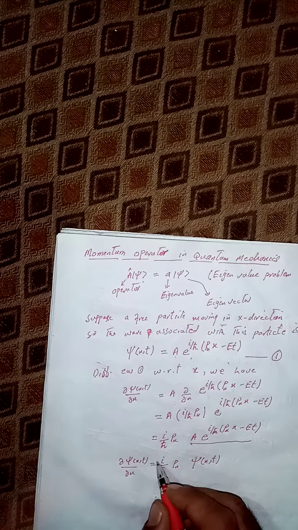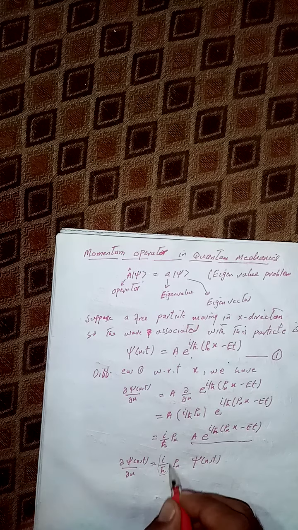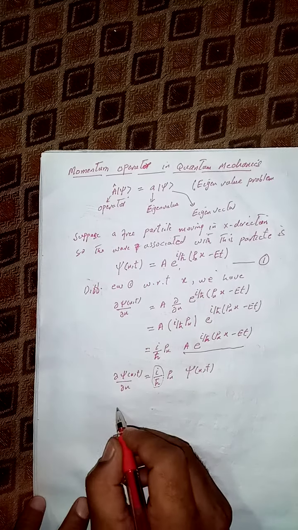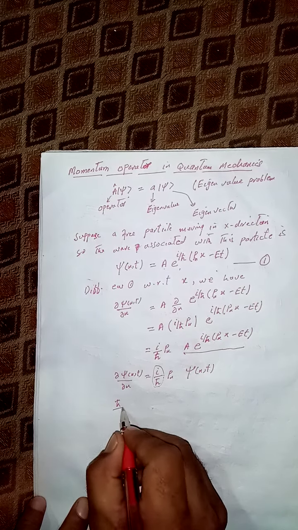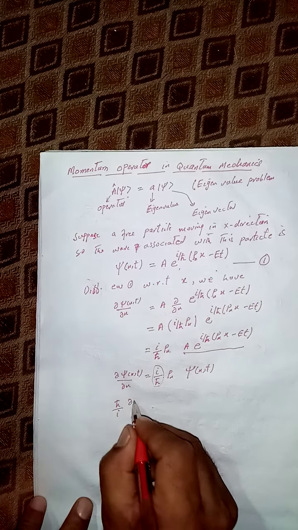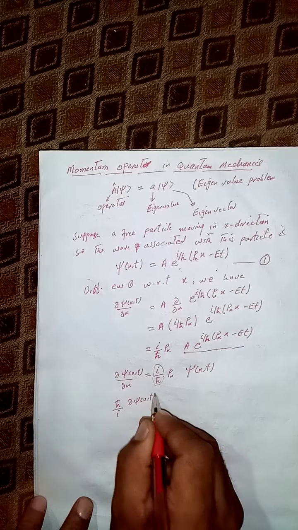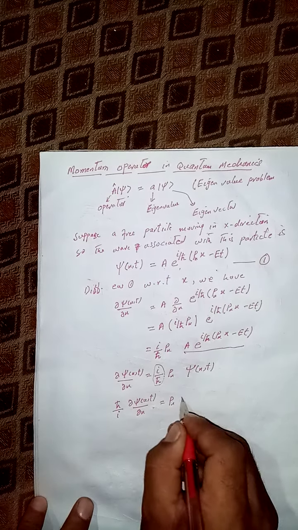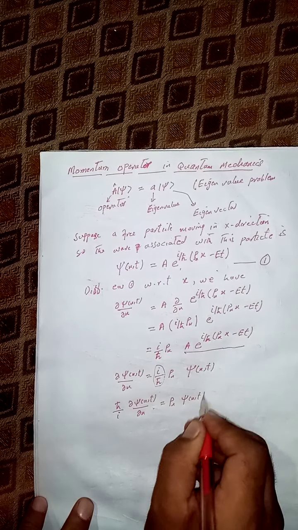Now bringing this factor to the left hand side, we have h bar over iota partial psi of x and t over partial x is equal to p_x psi of x and t.